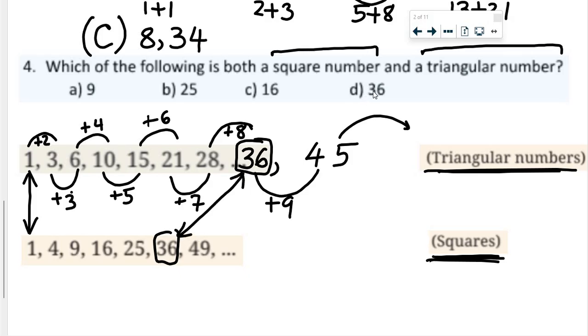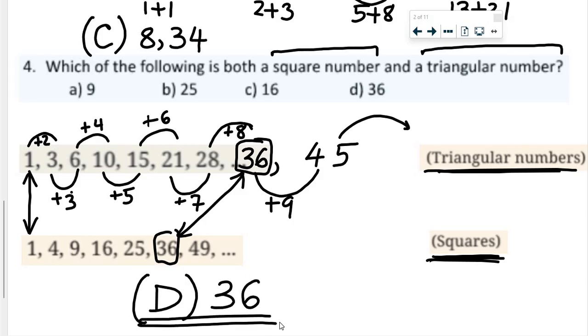So the correct option here will be capital letter D, meaning option D, and then you write the number for it. 36. This is the correct answer. Okay? So that is how you develop the so-called triangular numbers.